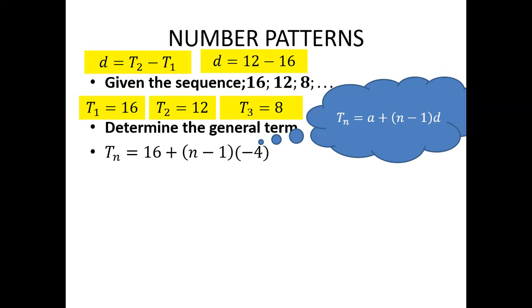To break that bracket, you take this negative 4 and multiply it with n. Negative 4 times n will give you negative 4n. And negative 4 times negative 1 will give you positive 4.